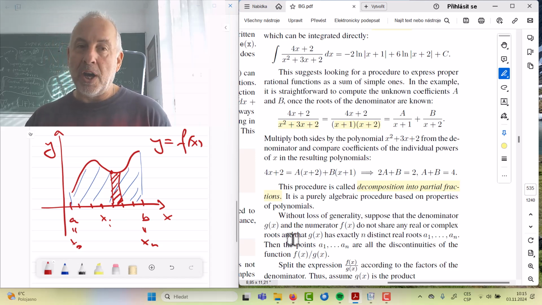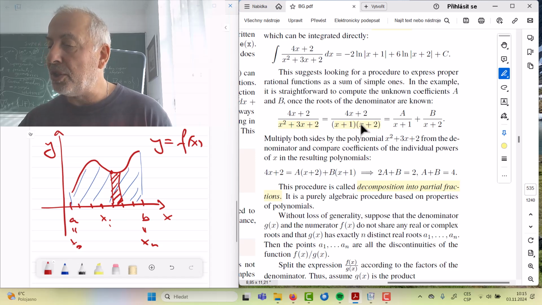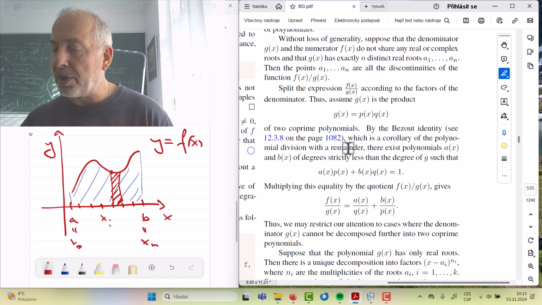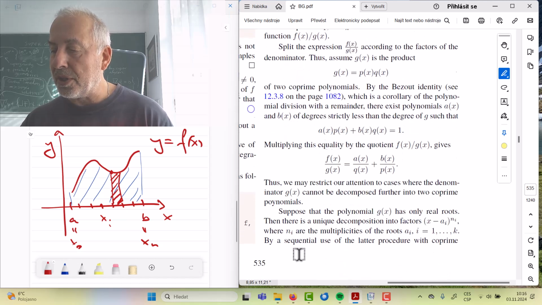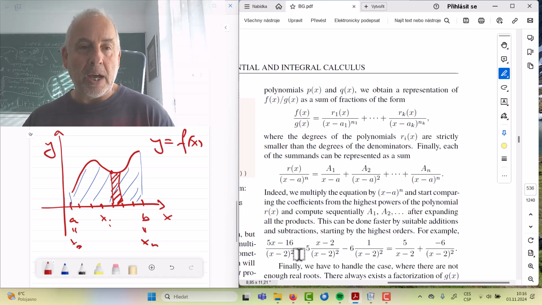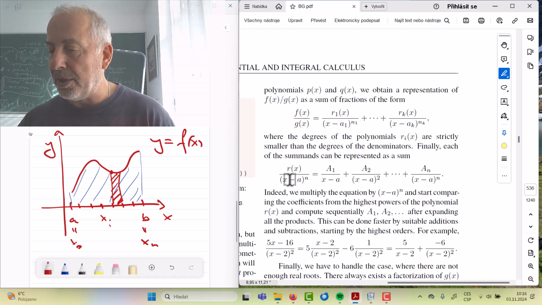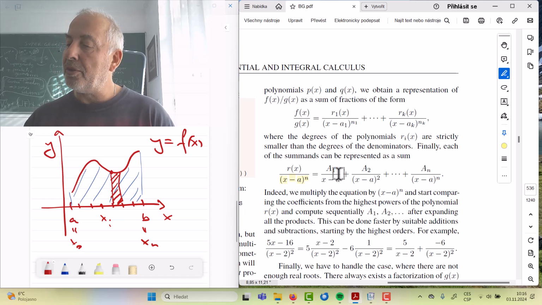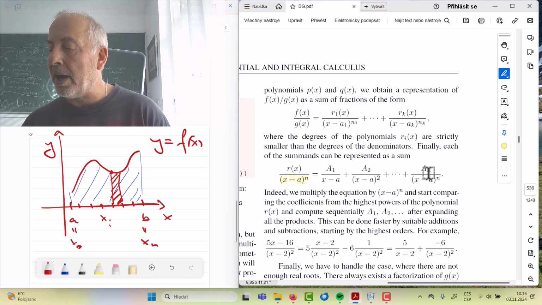If they are with higher multiplicities, it makes life more difficult, and you can read through here how it works. I will not go through the details in these guidelines, because if there is a multiple root and it's real, then you can see that it would give you partial fractions of this kind, which is all fine.